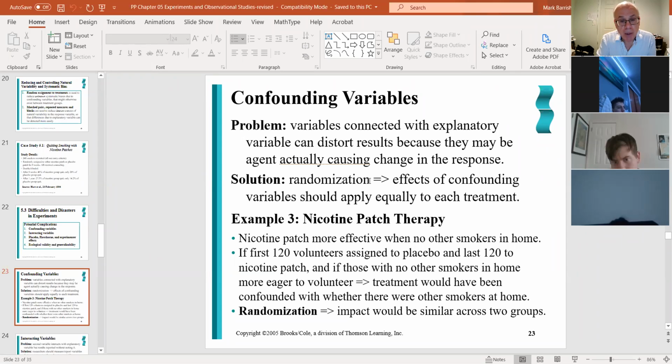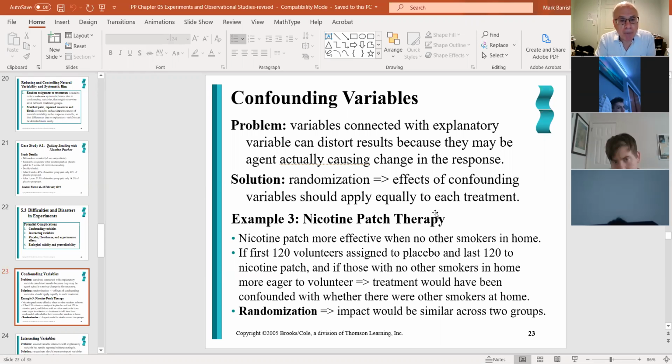But in an experiment, you would randomly assign people to the treatment groups, and as a result, the effect of the confounding variable would apply equally to each of the treatment groups. That's the whole idea. We're not getting rid of the confounding variables. We're just saying the two groups have about the same amount of the confounding variable.